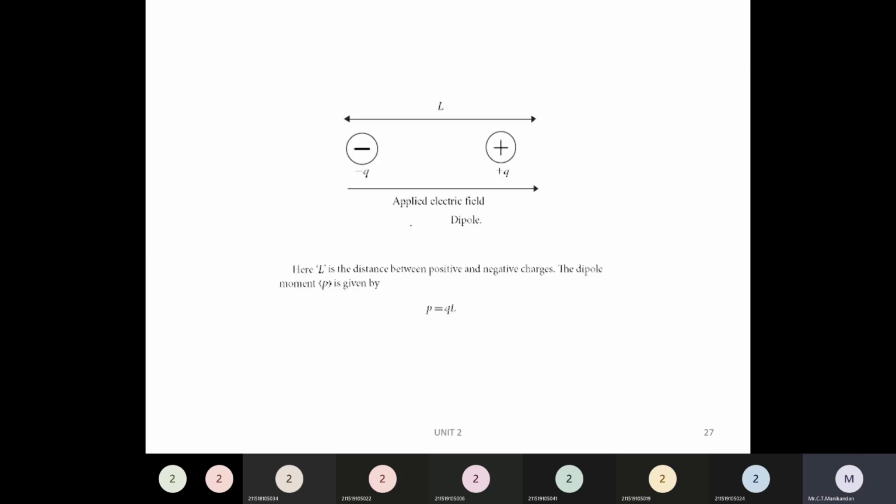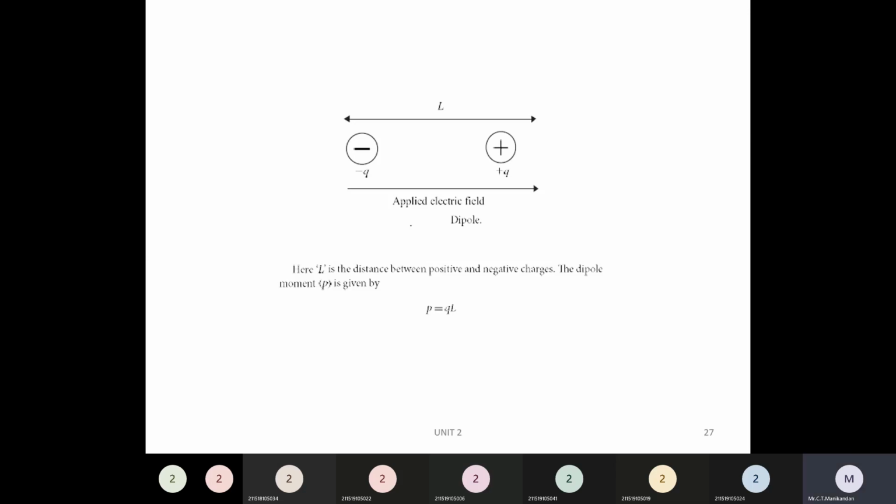Now the dipole: two charges separated by a small distance is what we call a dipole. The dipole moment is the product of charge and distance.